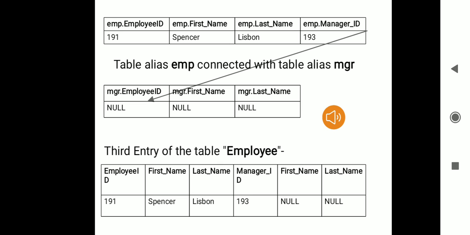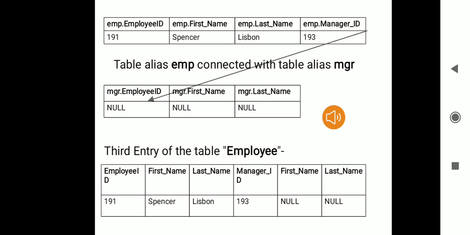Similarly, for emp.managerid as 193, emp.employeeid is 191, emp.firstname is Spencer, emp.lastname is Lisbon, but manager ID 193 is not an employee since he is the sole owner of the organization. So, for emp.managerid as 193, mgr.employeeid is null, and since his name is not listed, mgr.firstname is null and mgr.lastname is null.